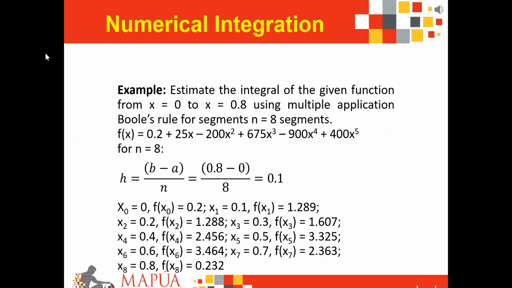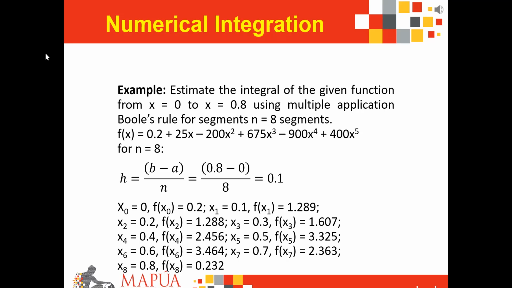And the important values of x are as follows, starting from the lower limit value 0, which is x0, x1 equal to 0.1, x2 equal to 0.2, x3 equal to 0.3, x4 equal to 0.4, x5 equal to 0.5, x6 equal to 0.6, x7 equal to 0.7, all the way to your upper limit value, x8 equal to 0.8.